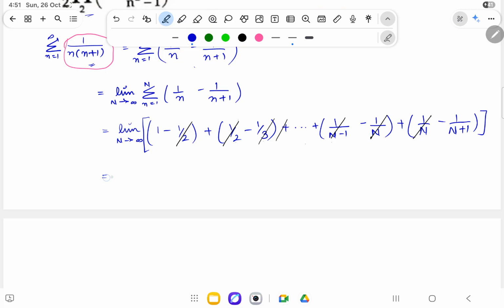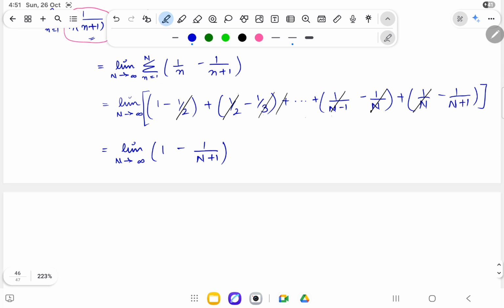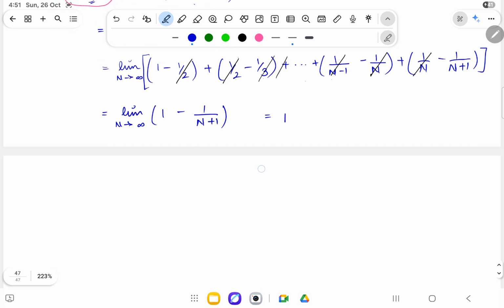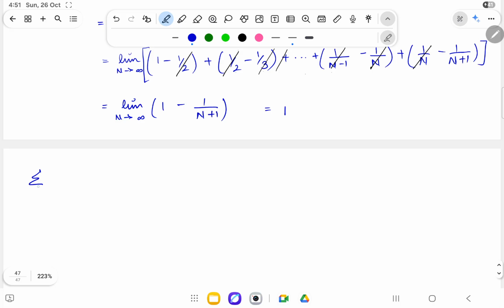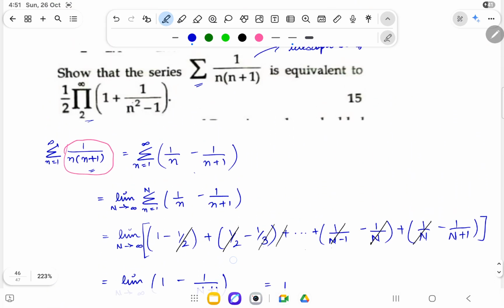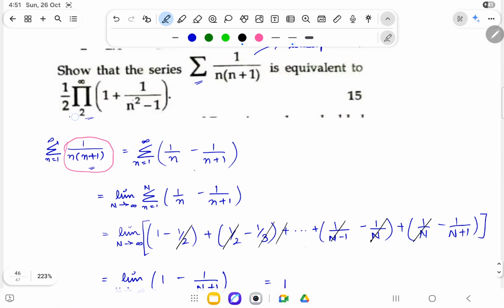So what we are left with is limit capital N approaches infinity 1 minus 1 by capital N plus 1, and if I compute this limit, it will be equal to 1. So we got that summation n equals 1 to infinity 1 by n times n plus 1 is equal to 1. Now if somehow we can show that the second series, that is this one, is also equal to 1, then we can conclude that both the series are equivalent.